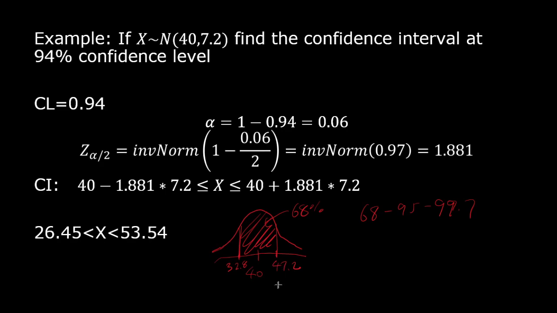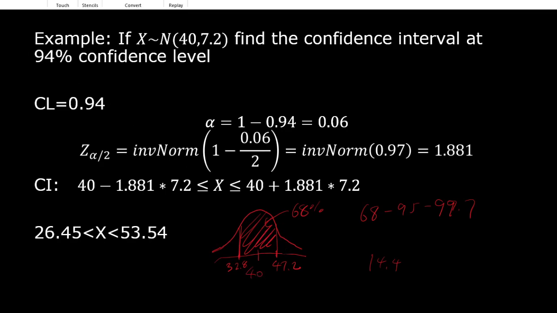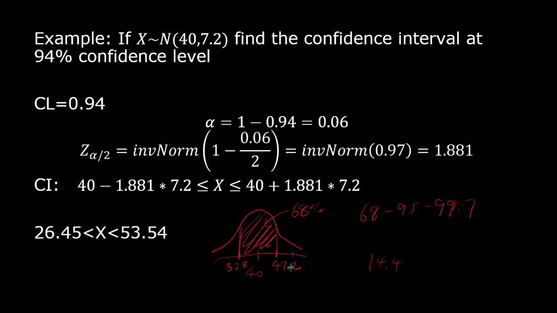Now what if you go two standard deviations, which is 7.2 times 2, which is 14.4. So if you add 40 plus 14.4, let me use a different color, that's going to be right here, which is 54.4.